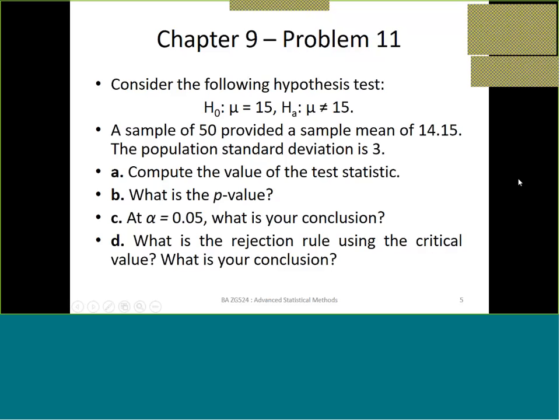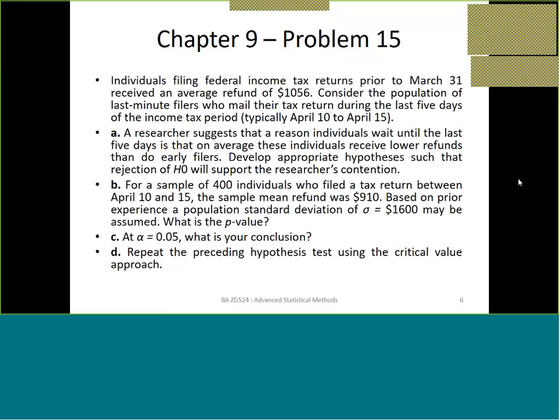Yes, so we'll go to the next question. Individuals filing federal income tax returns prior to March 31 received an average refund of $1056. Consider the population of last-minute filers who mailed their tax return during the last 5 days of the income tax period. A researcher suggests that a reason individuals wait until the last 5 days is that on average these individuals receive lower refunds than do early filers.